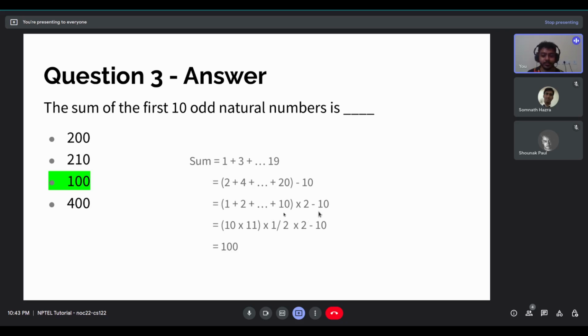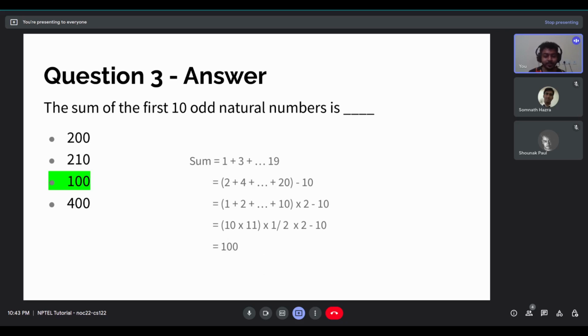The sum is the number of terms into number of terms plus 1 by 2, so 10 into 11 multiplied by half, and then we multiply this by 2 and minus 10 over here. If we do the calculations, this will come to 100. So the sum of the first 10 odd natural numbers is 100.